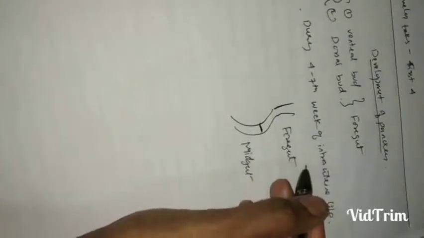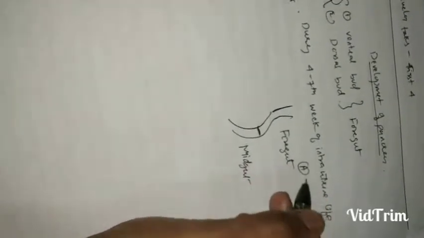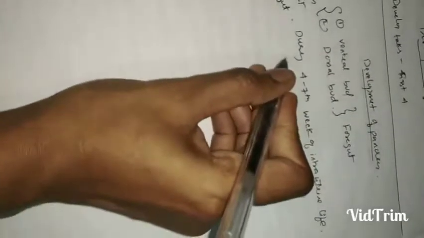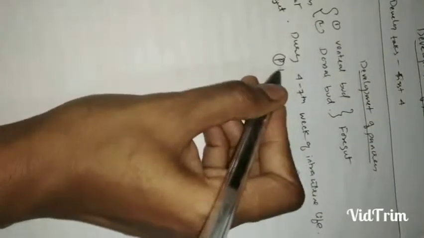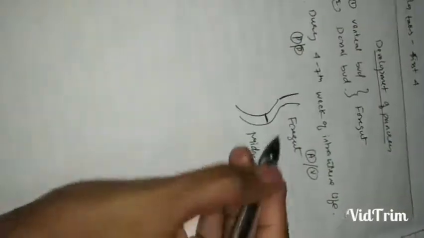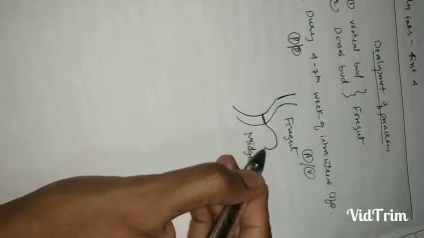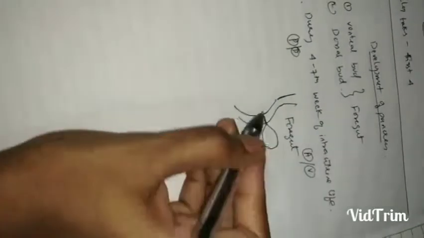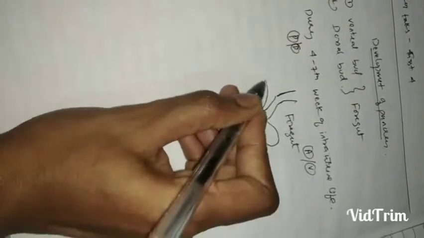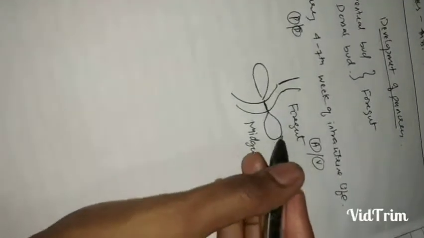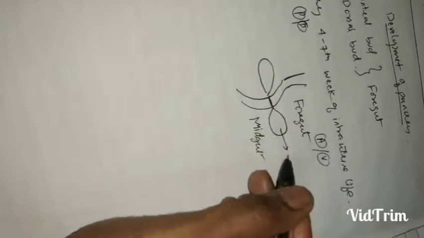So let me consider this anterior or ventral part, this is posterior or dorsal part. So anterior ventral part develops a bud, posterior or dorsal part develops another bud. This bud is ventral bud, this is dorsal.